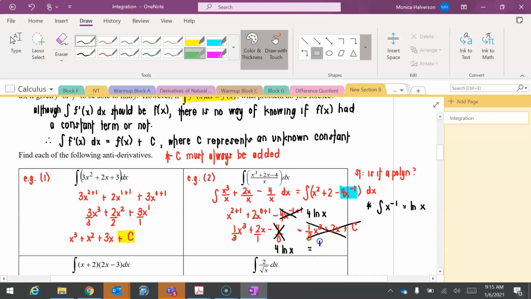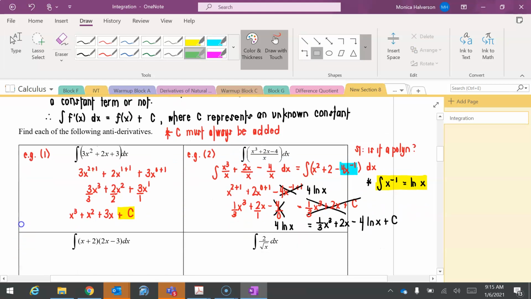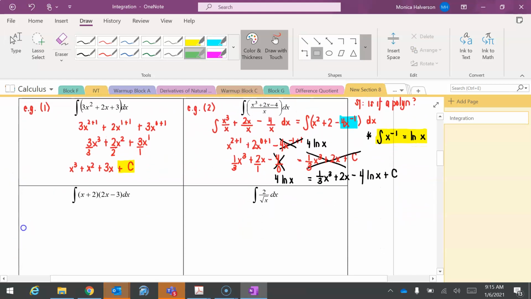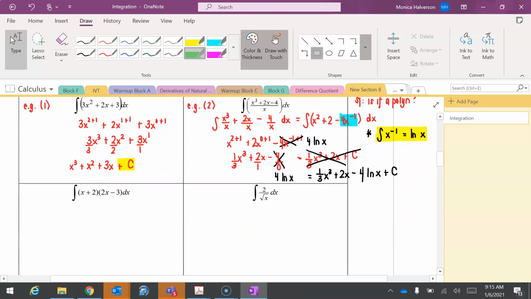And so our final answer would be 1/3 x to the third plus 2x minus 4 ln x plus c. This is one of the special antiderivative properties. All right. Now, I would like you to do the next two on your own.